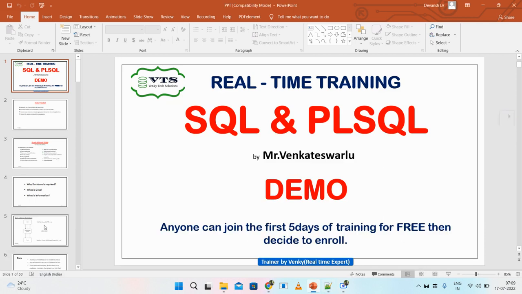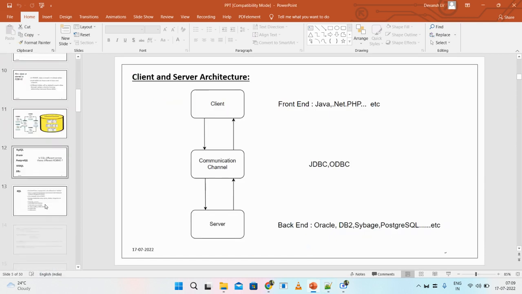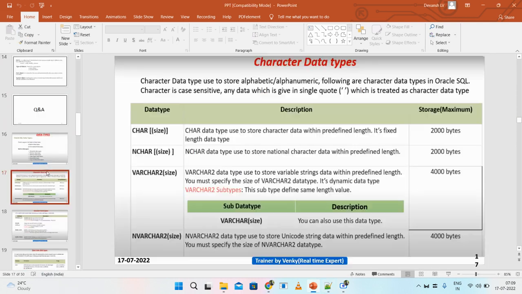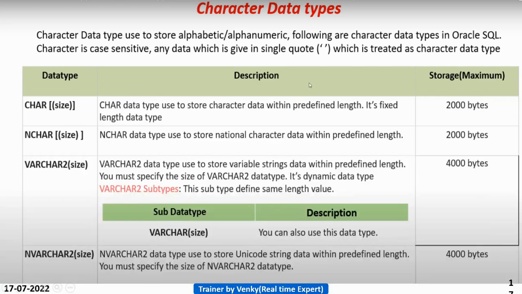Character data type stores the alphanumeric data, alphabetic and numeric data.